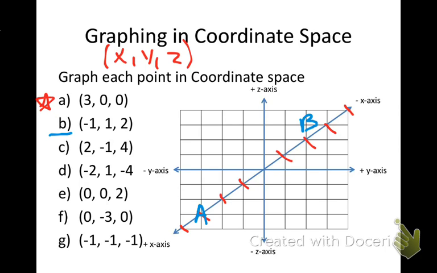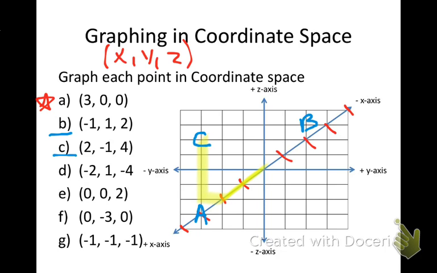Let's go through some more here. Letter C is forward 2, left 1, up 4. So I'm going to go forward 2, left 1, up 4.